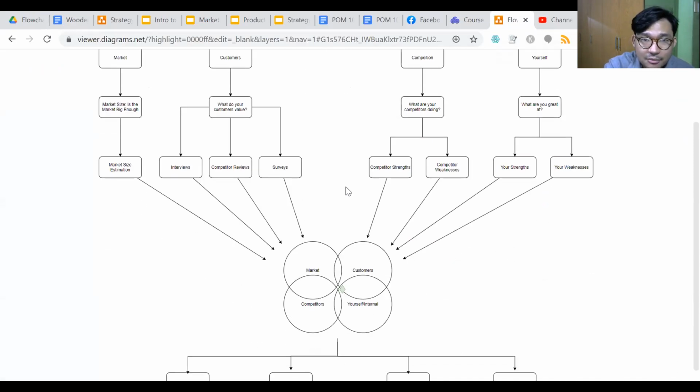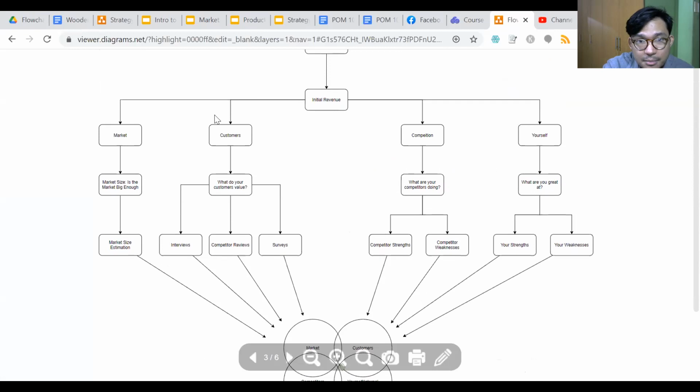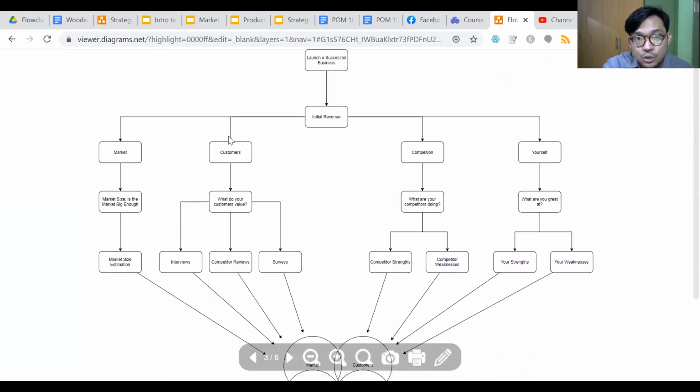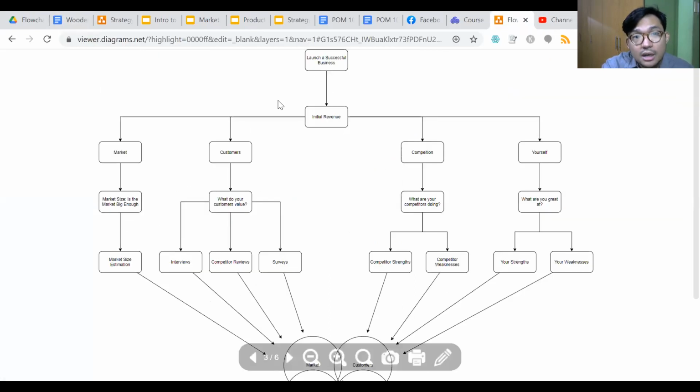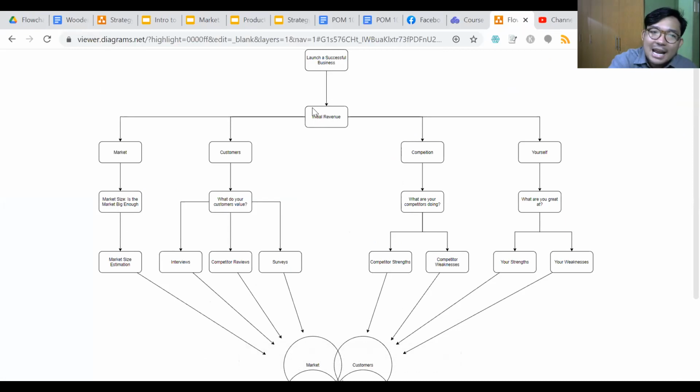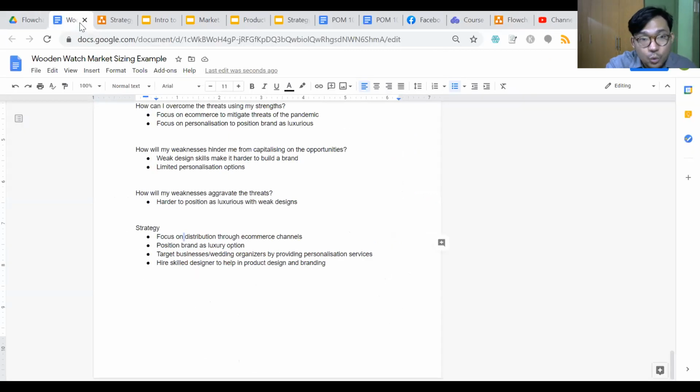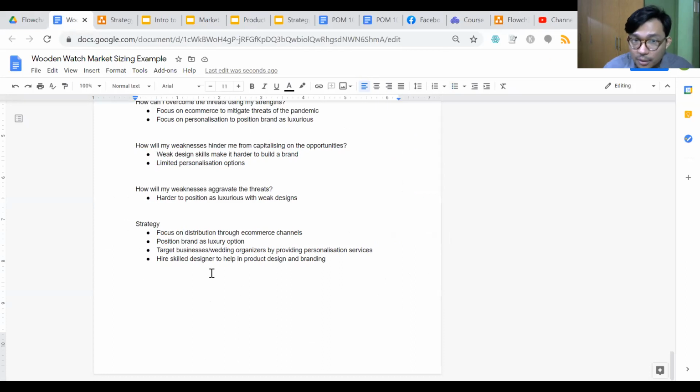The things that I've mentioned become your main objectives. Each of these objectives, such as focusing on distribution to e-commerce channels, you'll have to break down even further to really plan out exactly how you will do it. As for the project, you identify what your key metrics are. My key metrics for this one is brand love, or how people perceive my branding. I'll have that as a metric.